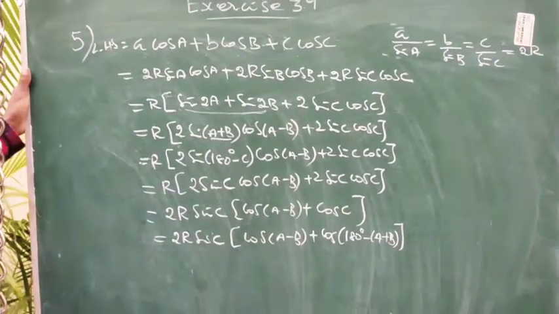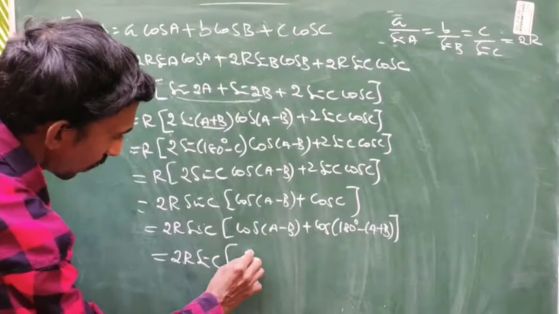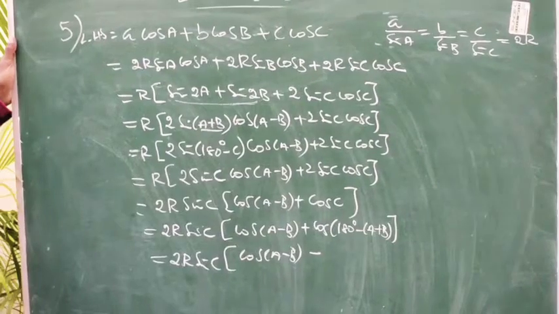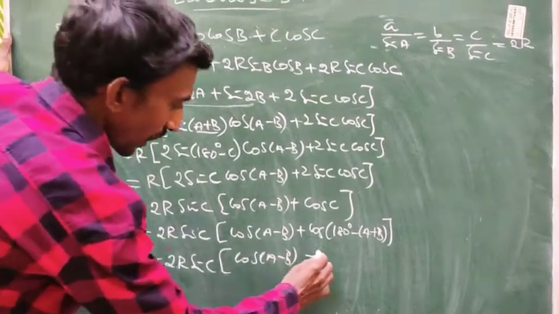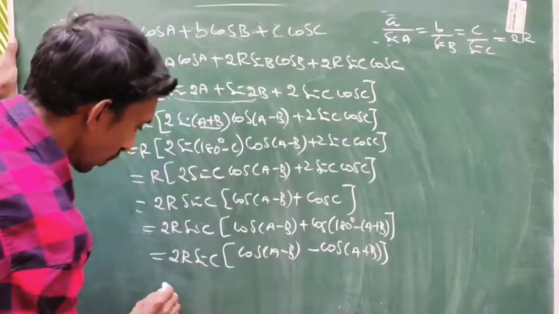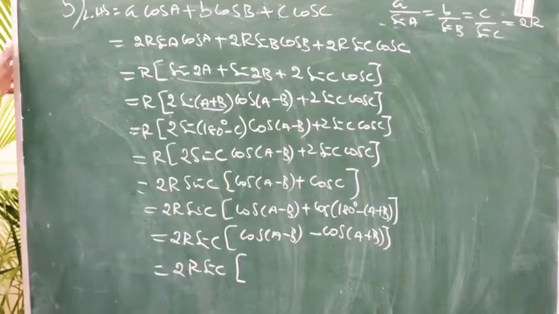Second quadrant, cos is negative. So 2r sin c into cos (a minus b) minus cos (a plus b), because in the second quadrant cos is negative.